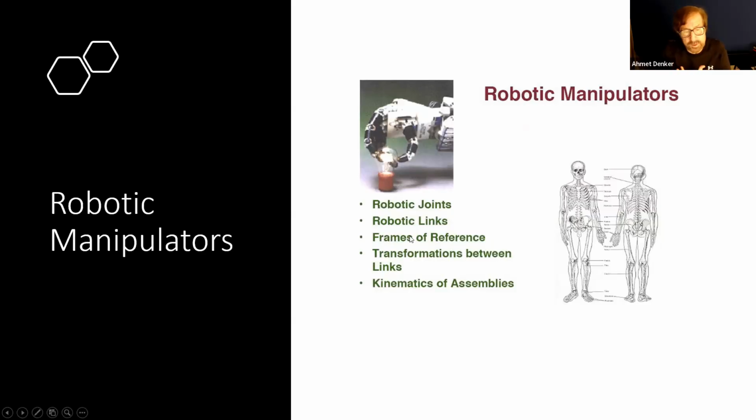Now, in robotics, we talk about frames of reference because we are going to have more than one reference. So if we have more than one reference, we will need a transformation between them.